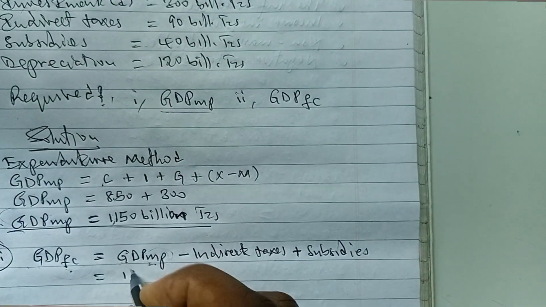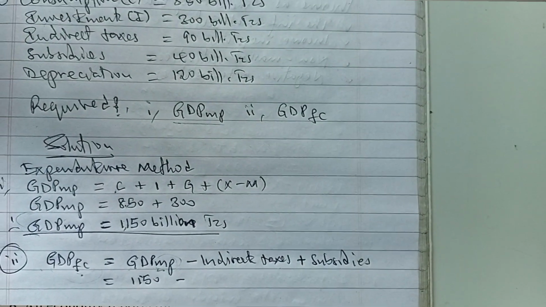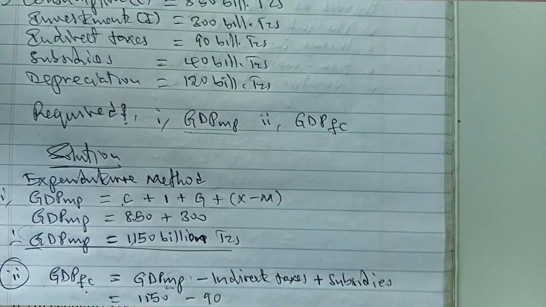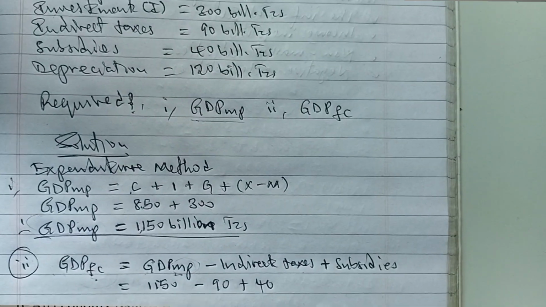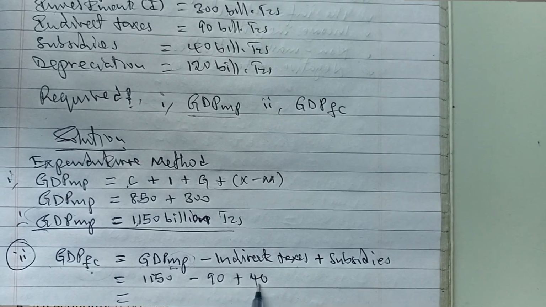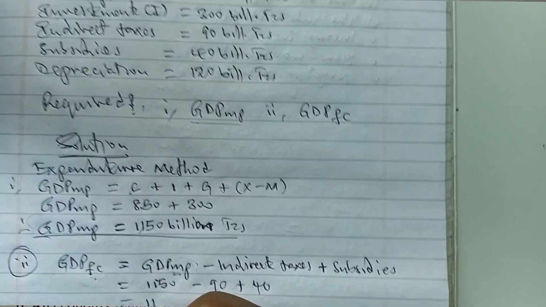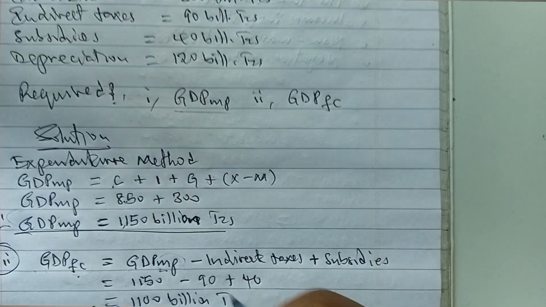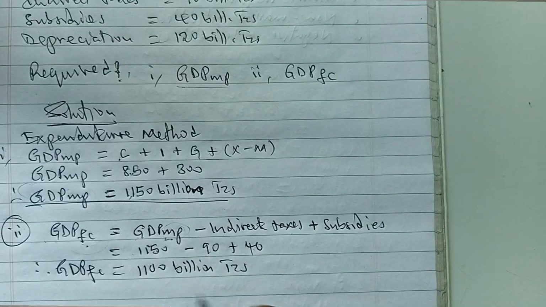So we have 1,150 minus indirect taxes, which is 90, but we add subsidies, which is 40. Our answer is 1,100 billion Tanzania shillings.